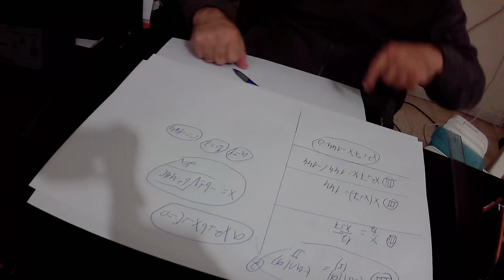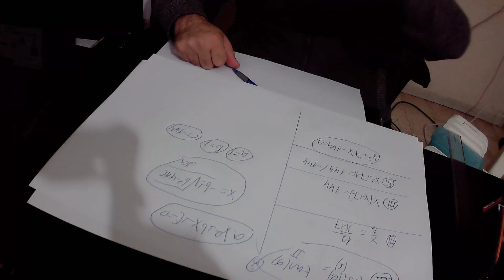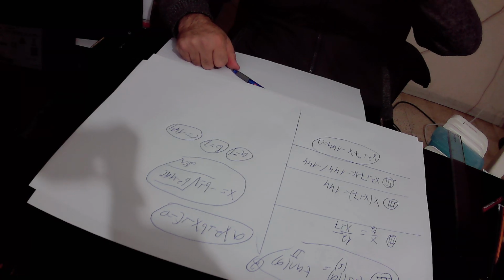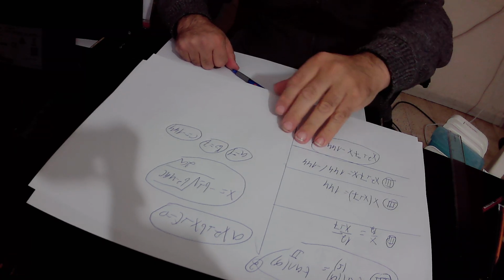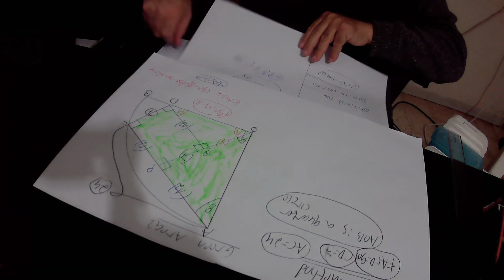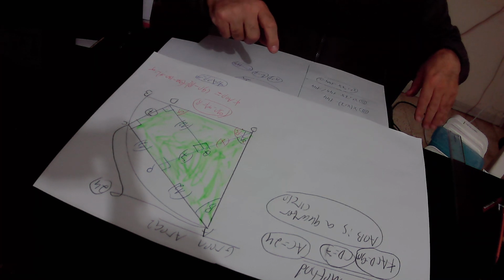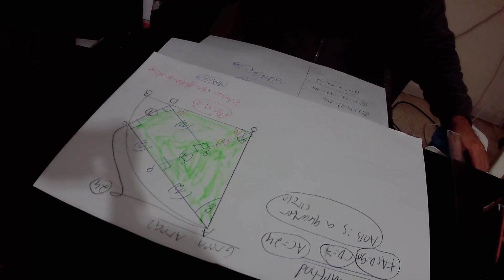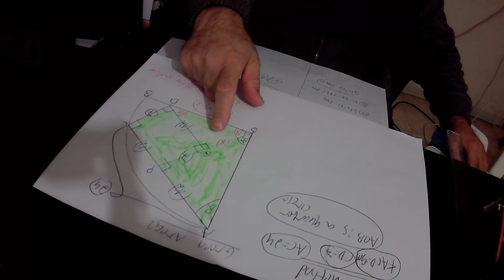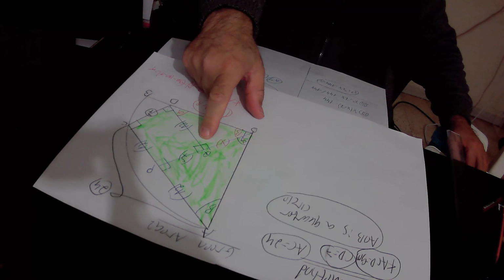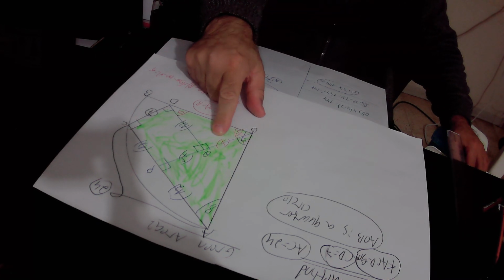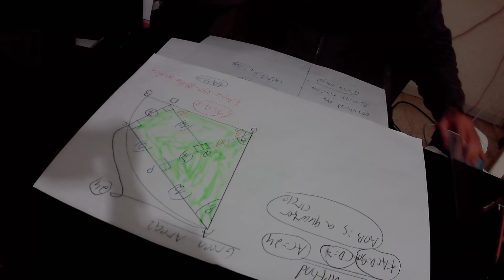Now we put the data inside the formula for x and we find the values of x. I'll remind you that in our drawing, x is the length of this line segment QO.